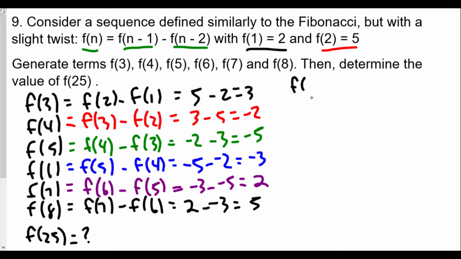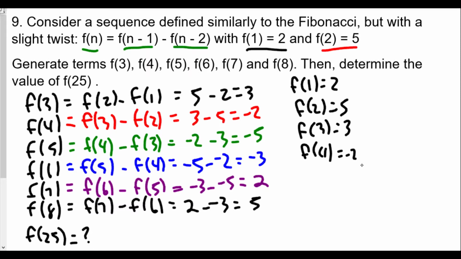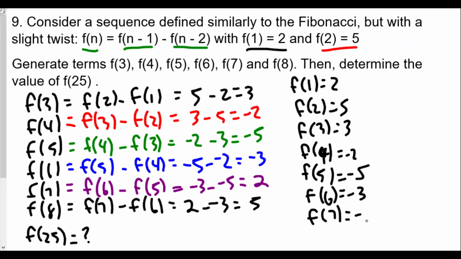So we know f1 is equal to 2, f2 is equal to 5, f3 is equal to 3, f4 is equal to negative 2, f5, sorry, my handwriting's terrible, f5 is equal to negative 5, f6 is equal to negative 3, and then f7 equals positive 2, and f8 is equal to 5. But we see here f7 and f8 are the same as f1 and f2.